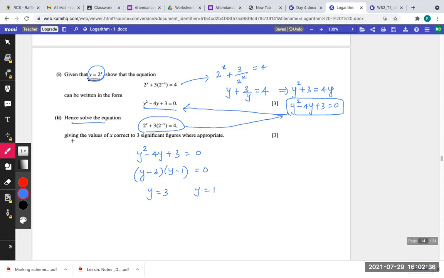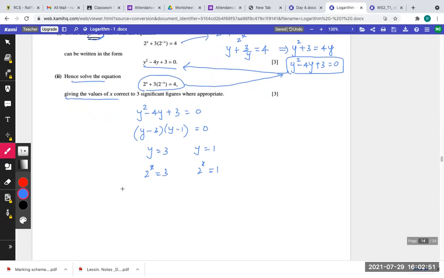Can we stop here? No. Value of x. So plug back in y equals 2 power x, right? So I could say 2 power x equals 3 and 2 power x equals 1. So how do I solve it? Taking ln on both sides, right? Ln of 2 power x equals ln of 3. Here also ln of 2 power x equals ln of 1.